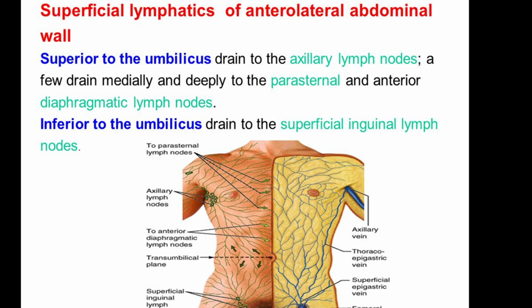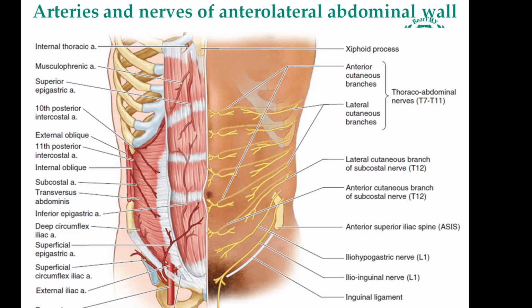Thus, in case of different types of cancer, for example, malignant tumors of the skin or maybe other types of tumors, we should examine both the axillary lymph nodes and the inguinal lymph nodes to determine metastasis.